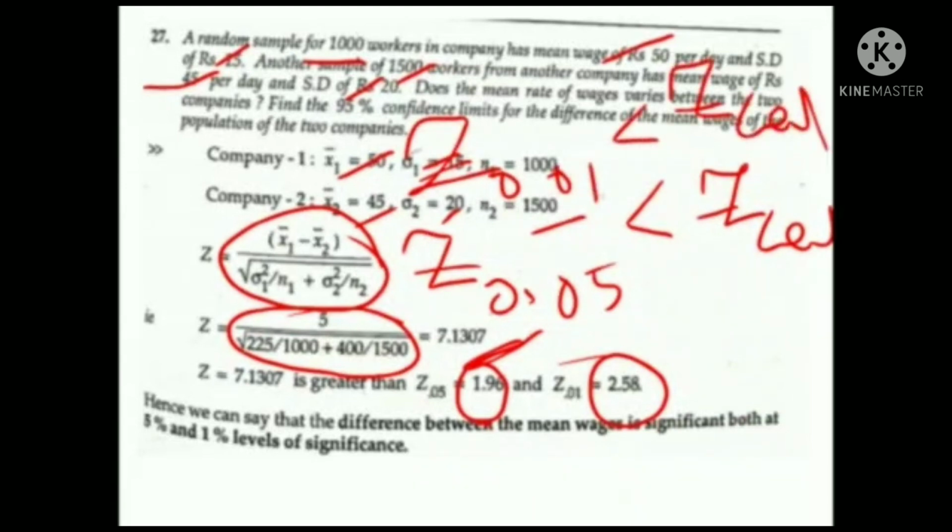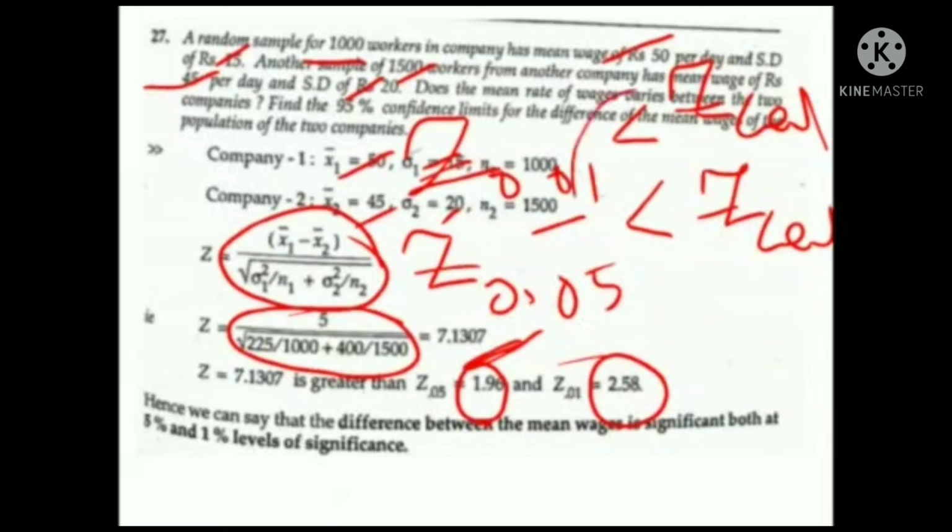So in both the cases the critical values are less. Hence the difference between the mean wages is perfectly significant at both the levels of significance. That means it is accepted.